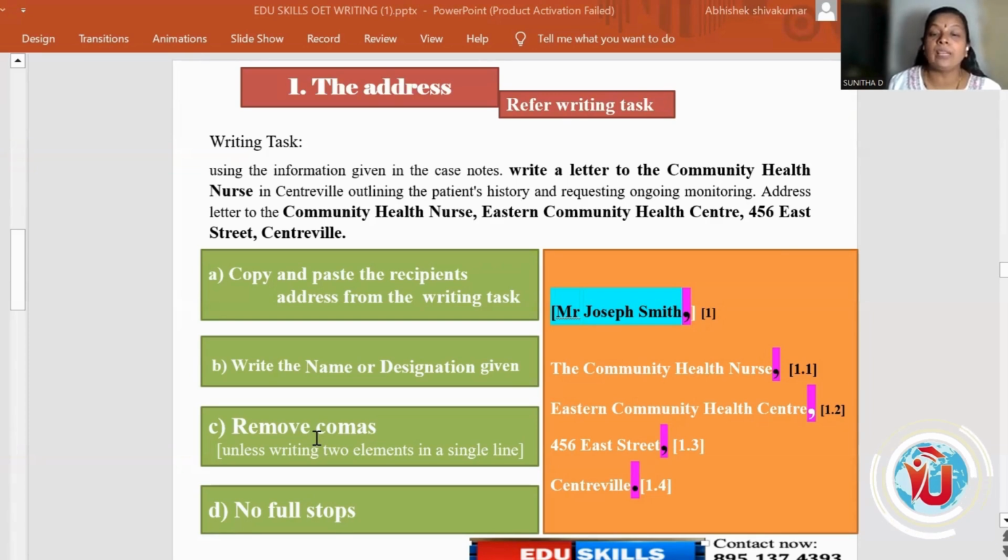Unless writing two elements in a single line, it would be better to remove the commas. Then no need to give a full stop. For example, after Mr, normally we see a full stop, but while writing the OET writing subtest, there is no need for any full stop in the address part.